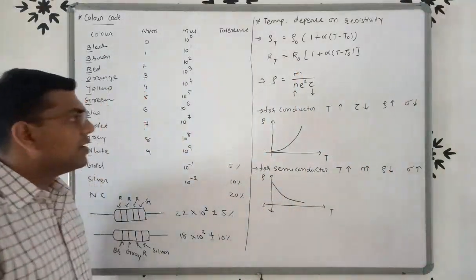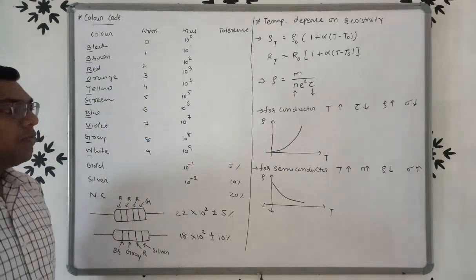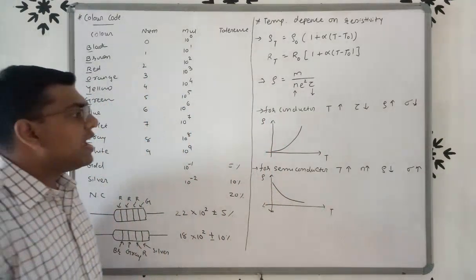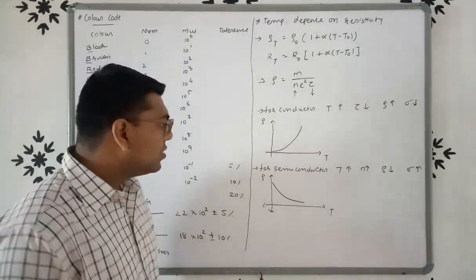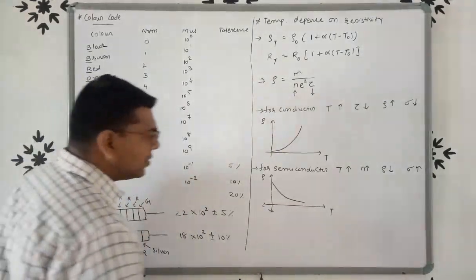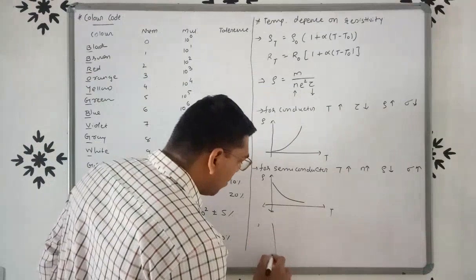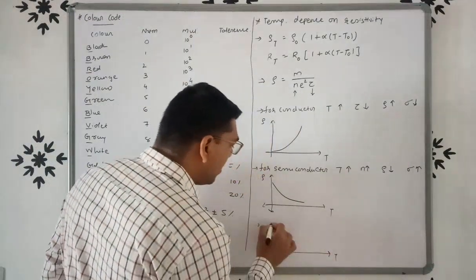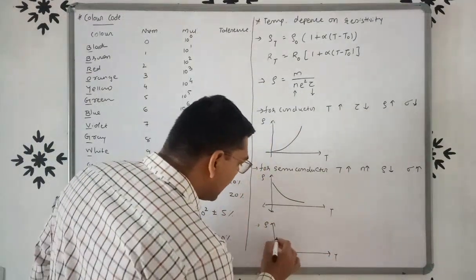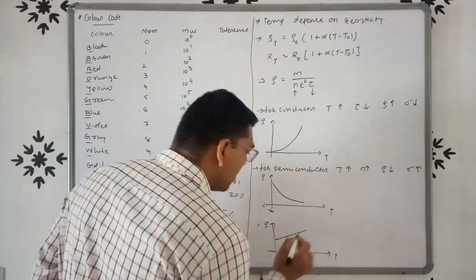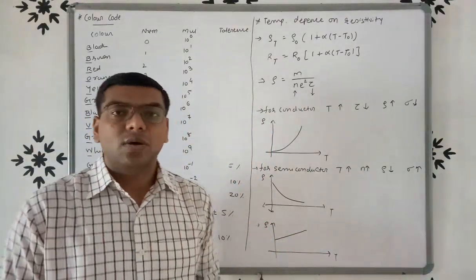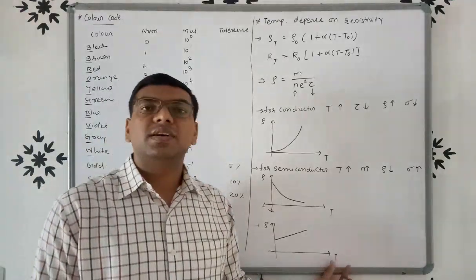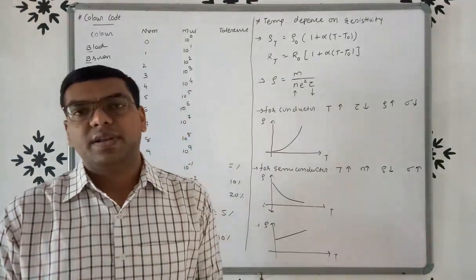Right? Now, for a material like nichrome, the graph of rho versus t is like this, because the resistivity of nichrome does not depend much on the temperature.